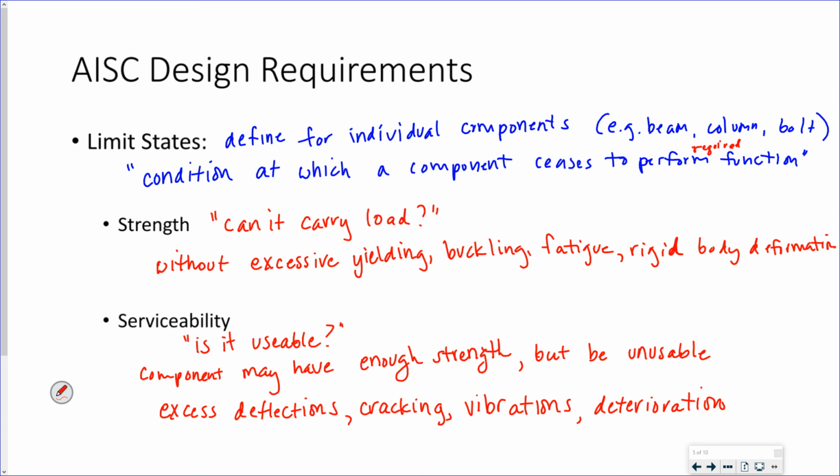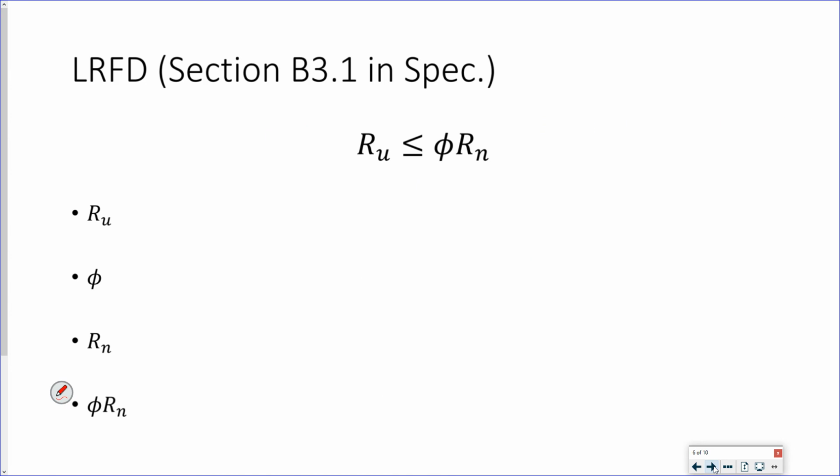So now we are going to talk about the two different design methods. If you go to Chapter B, Section 3 in the spec, which we will go over what it means by the spec, I'm about 2/3 through the book, through the steel manual.